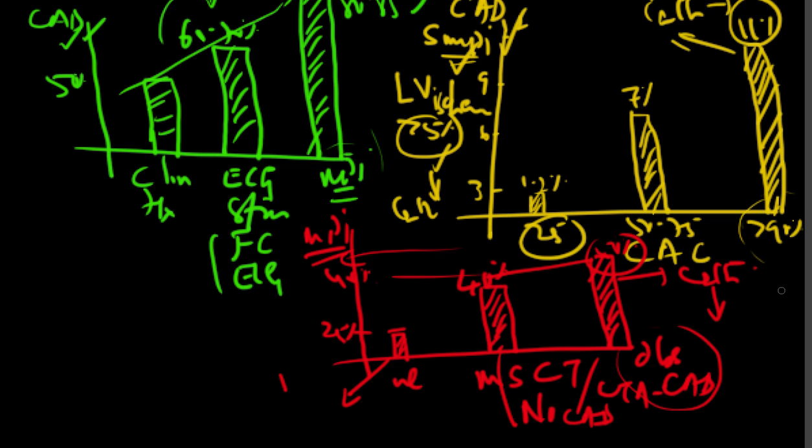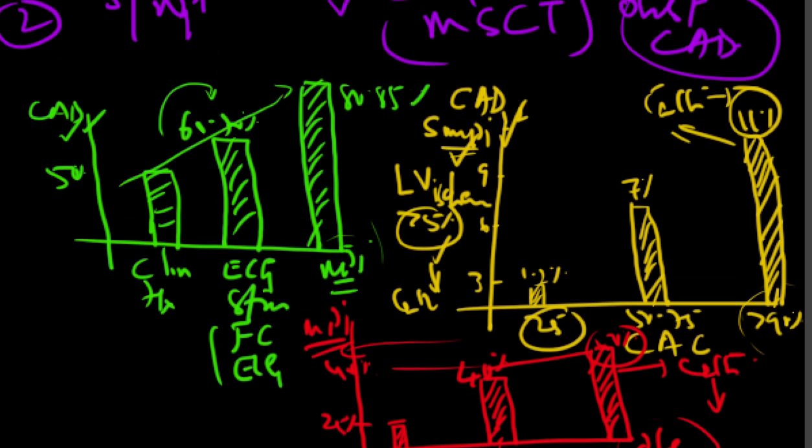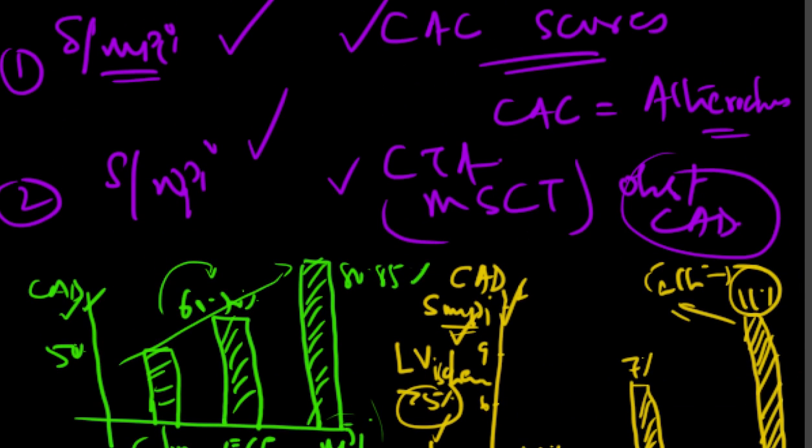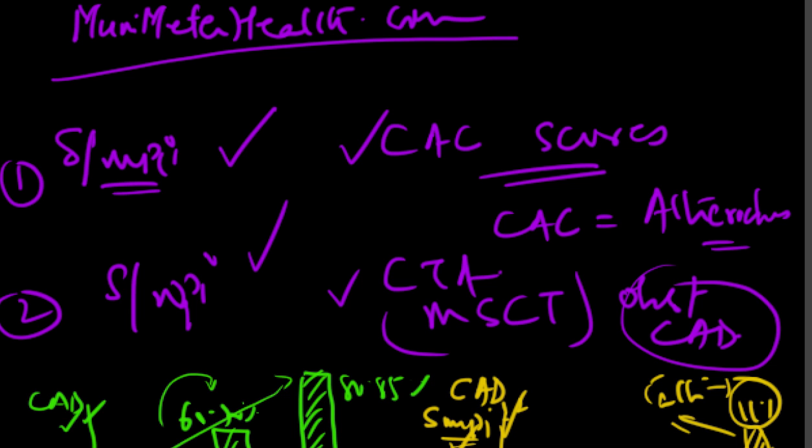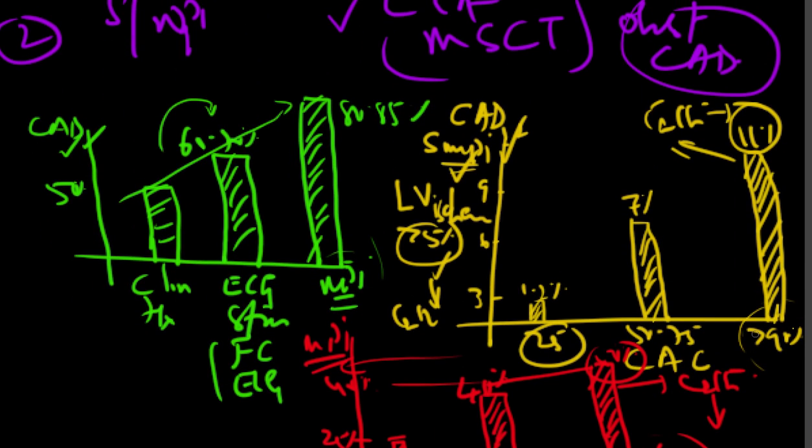So the take-home message is very clear that the non-interventional approach is still very, very important in a setting where you're suspecting extensive CAC scores, because we know CAC scores equal atherosclerosis, but we also know that even with an extensive CAC score, only 10 to 11% of these patients will have a positive stress MPI requiring revascularization, if you will.